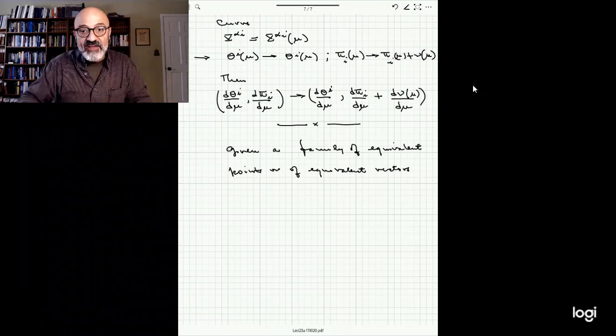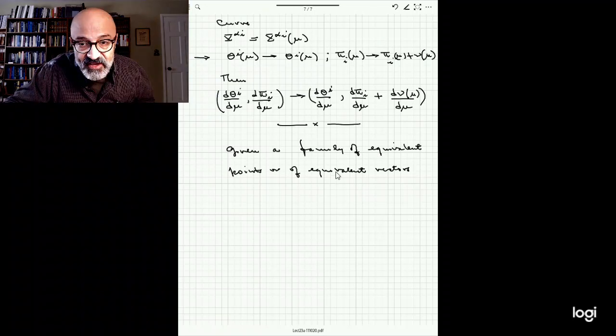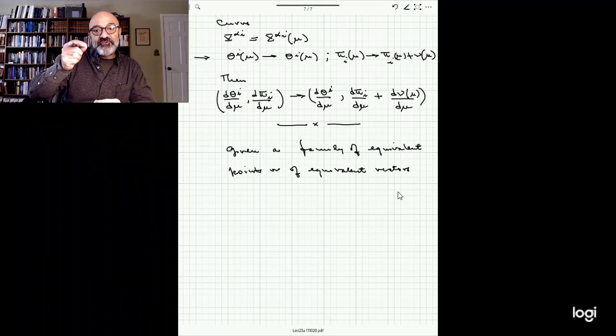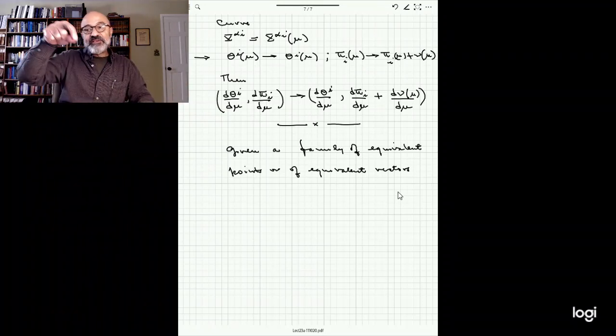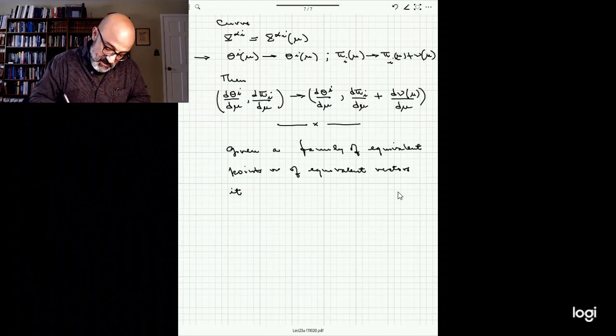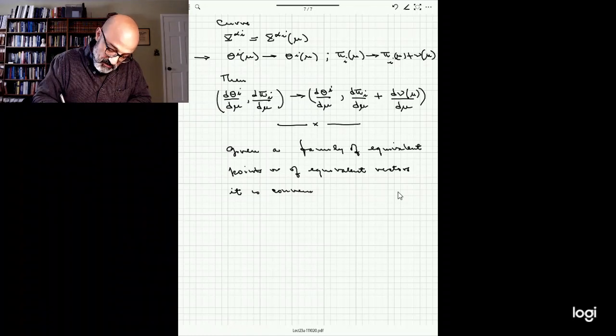So once you have a class of equivalent anything, it is convenient to choose a representative. You would talk about the whole family by just talking about one of them. It is convenient to choose a representative.